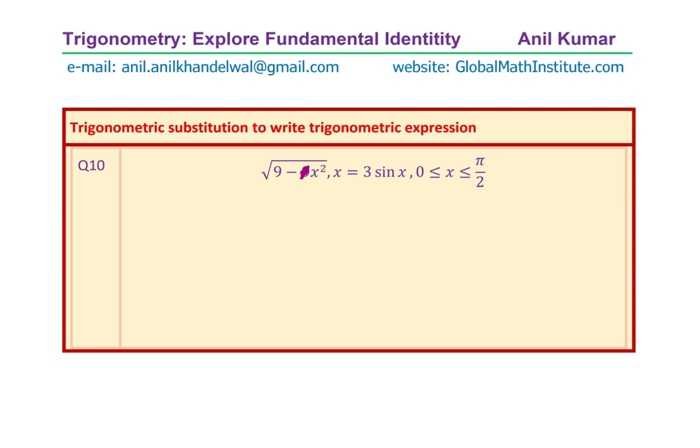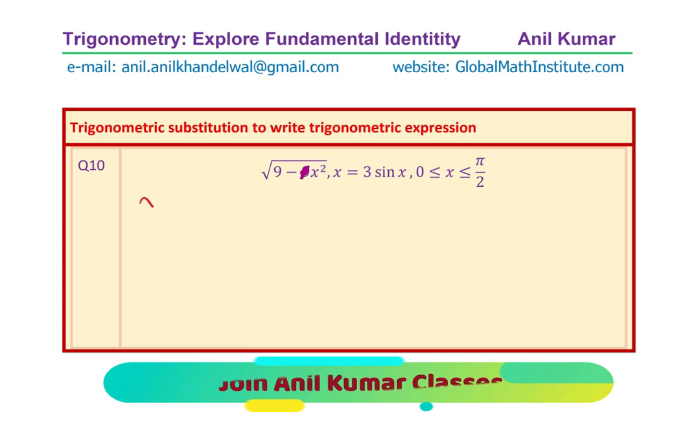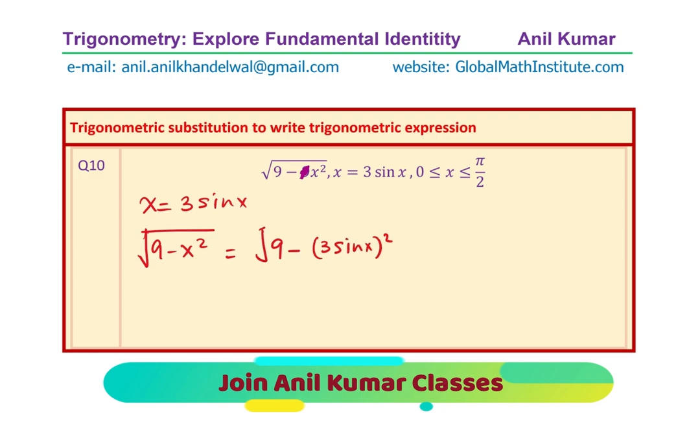Now let's look into question number 10, which is square root of 9 minus x squared. We have to do a trigonometric substitution. It is a practice question. So we are given x is equal to 3 sine x. And we have to substitute this in 9 minus x squared. So if I do that, I get square root of 9 minus 3 sine x whole square, right?